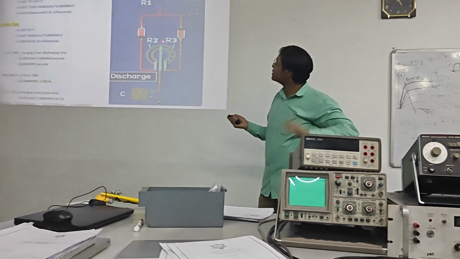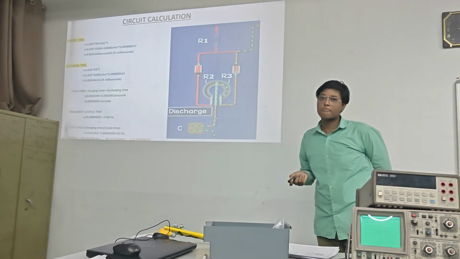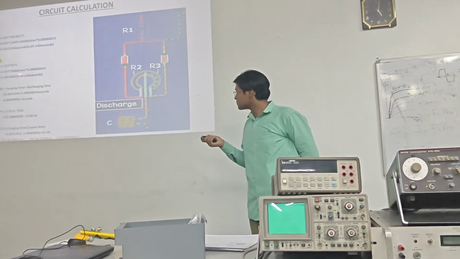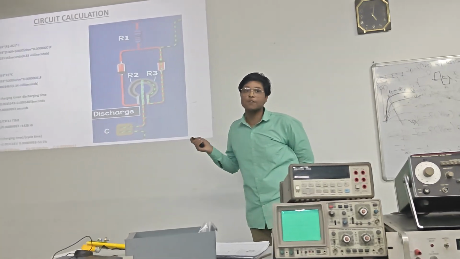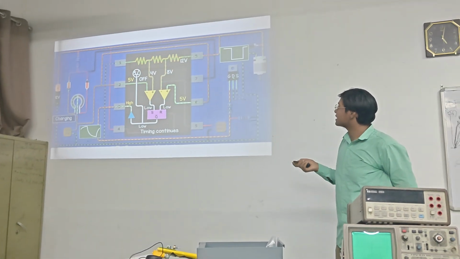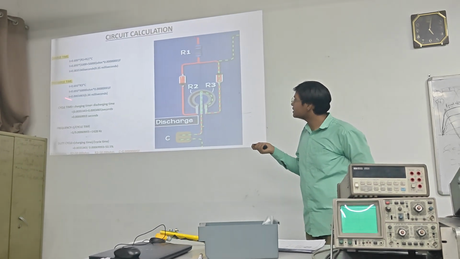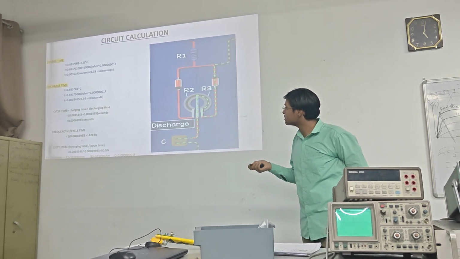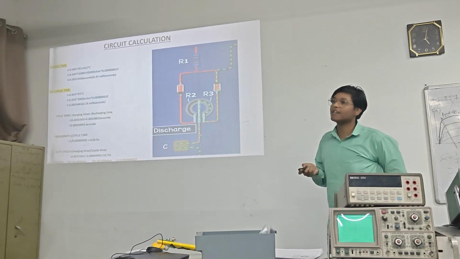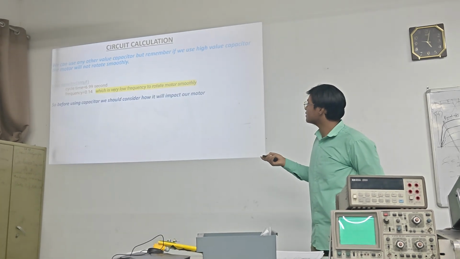If we increase our R2, our charging time will increase. If we decrease R2 and increase R3, discharging time will increase and charging time will decrease. It will affect our pulse width modulation directly. Here, if charging time increases, our duty cycle will increase, and due to the increase in duty cycle, our pulse width will increase.